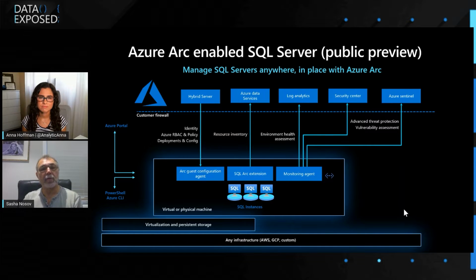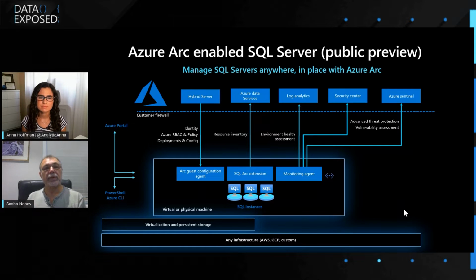They communicate only in an outbound fashion through port 443, so there's no need to open any inbound ports for accessing your resources, because the agents will take care of the proper communications to Azure.